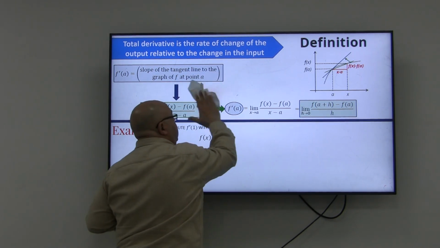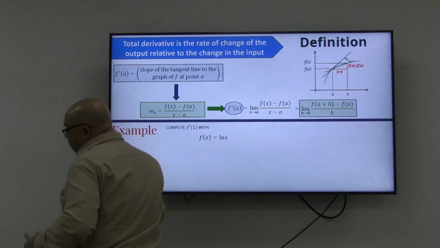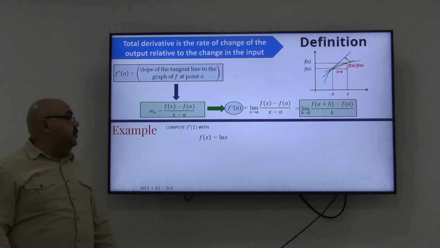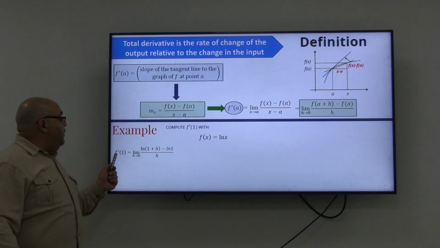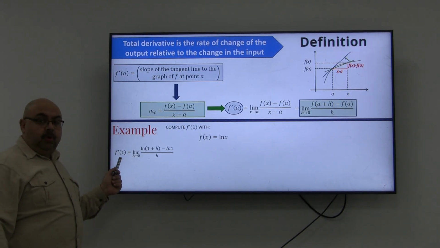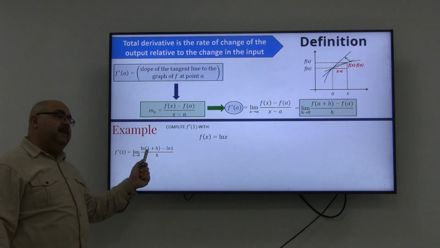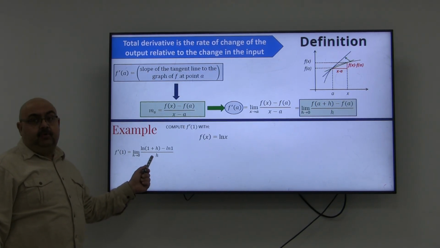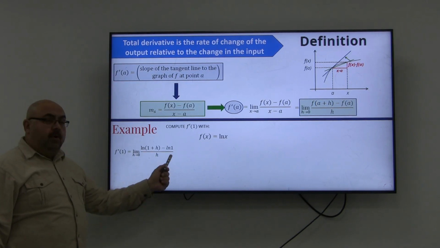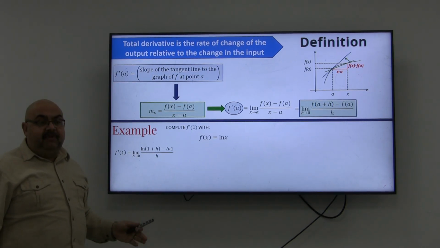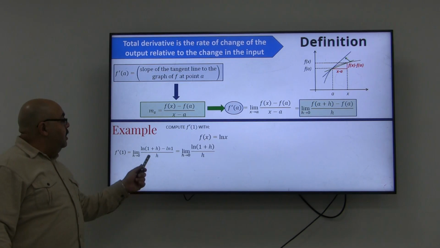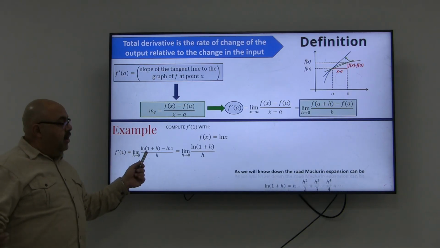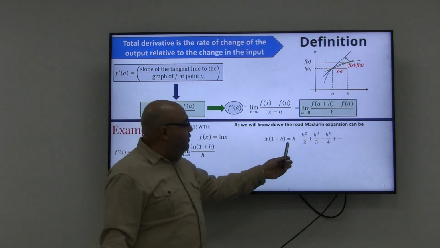Okay, once more I will resolve it. This is lim f dash at 1. So once more, it's a limit of ln 1 plus h minus ln 1 over h. The second step, I will try to substitute. It's going to be 0 over 0. So I will have to simplify it. How to simplify it? I will break ln 1 plus h. I think Maclaurin expansion is really very nice.